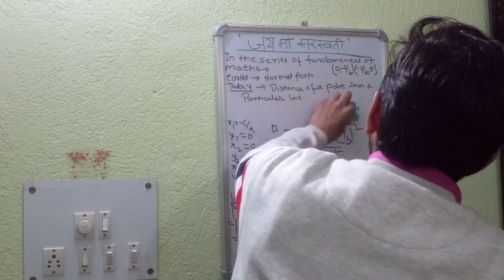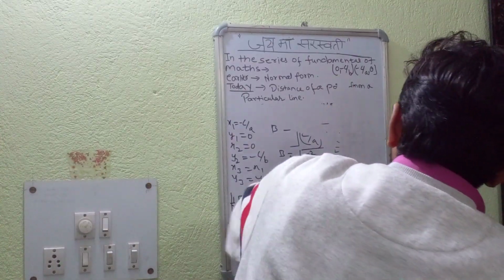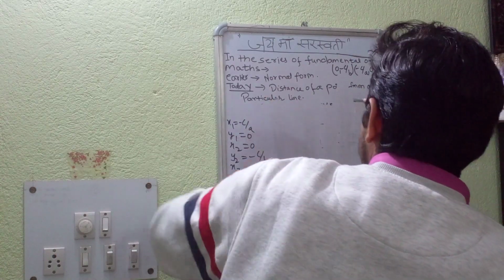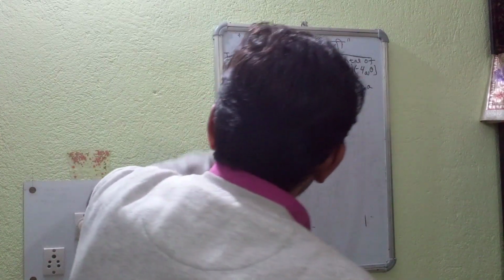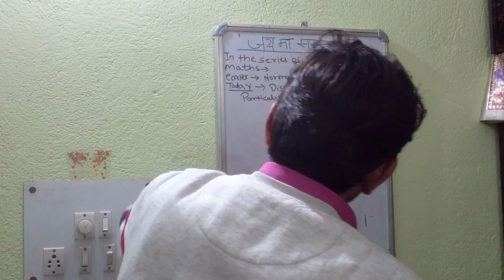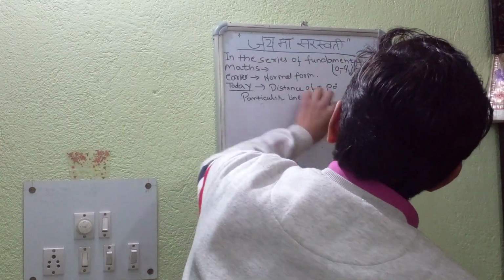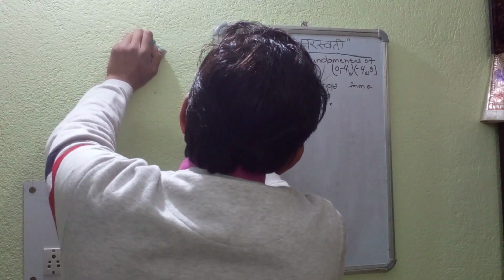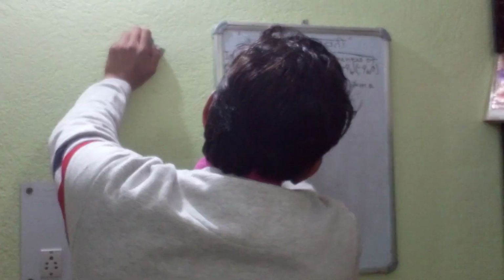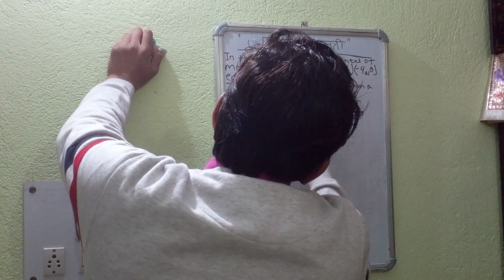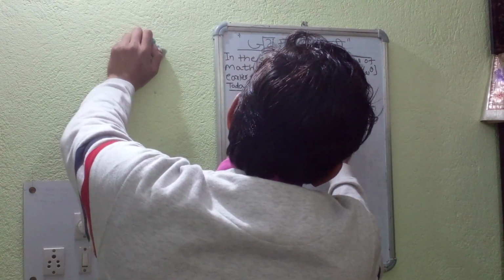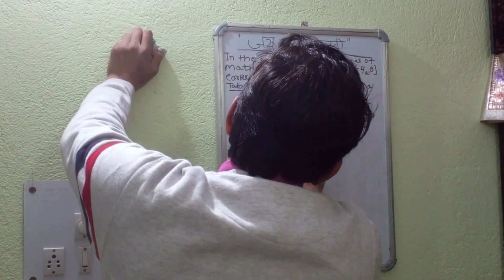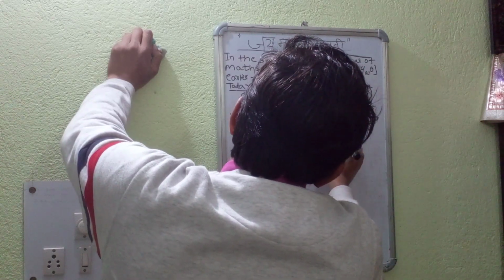And we will be getting the final answer as the distance from a point to the particular line. I will just show what the formula for that is. The formula for the same is equal to |ax1 plus by1 plus c| by under root of a square plus b square.